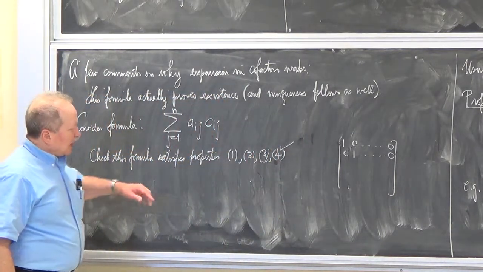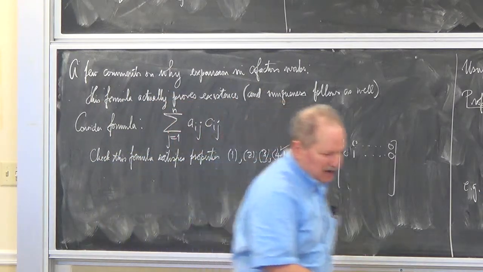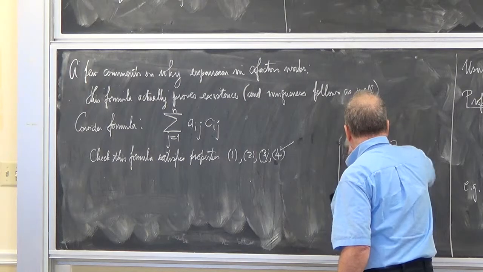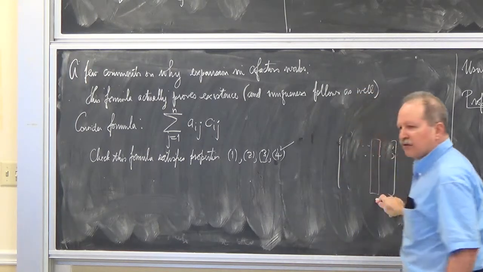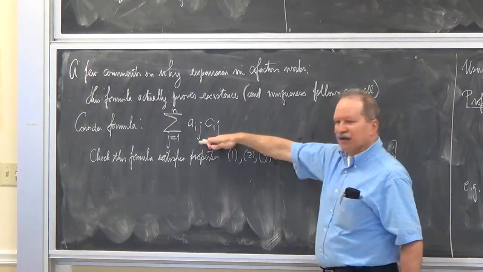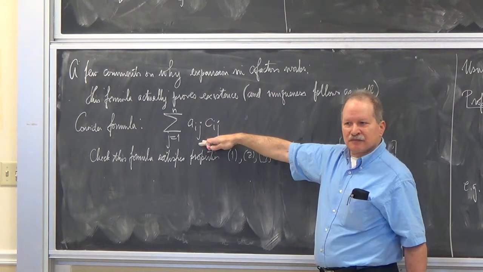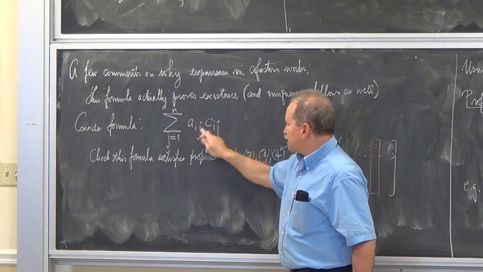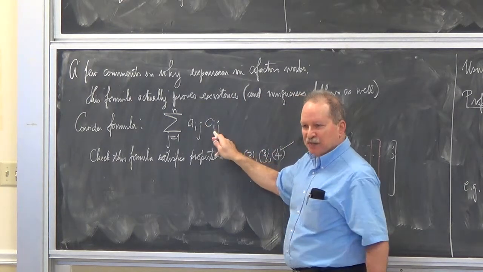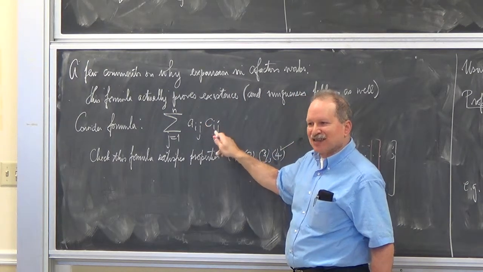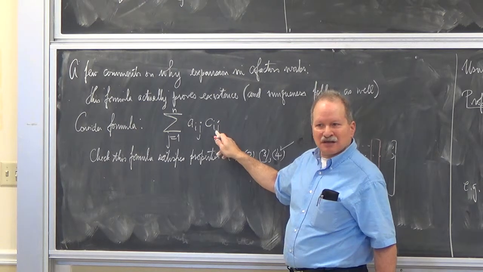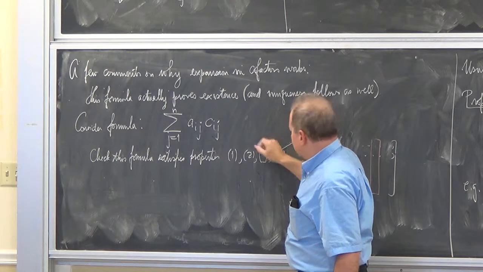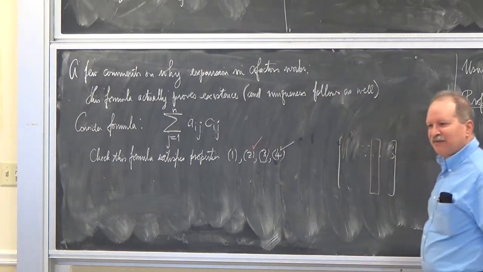If I picked one of the columns and multiplied it by a scalar, would that scalar pull out of this formula? Yeah. When you got to that column, you'd have the constant there, and otherwise it would show up exactly once, again by induction in the cofactors. So that's property 2, that the scalars pull out.